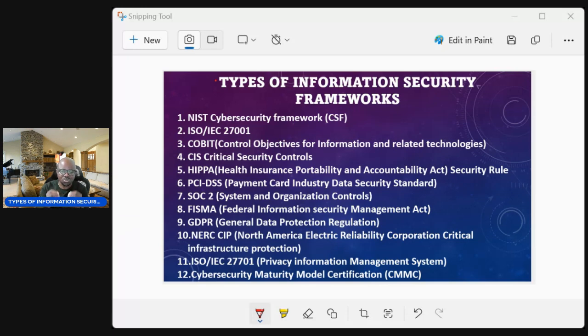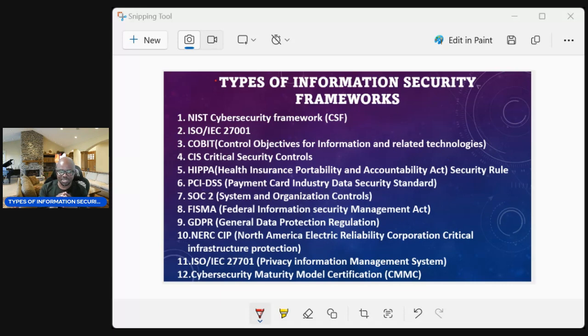Information security frameworks also help to establish best practices for safeguarding data, ensuring compliance, and mitigating cybersecurity risk. So here are some of the types of information security frameworks.